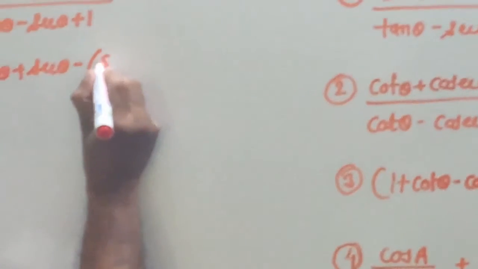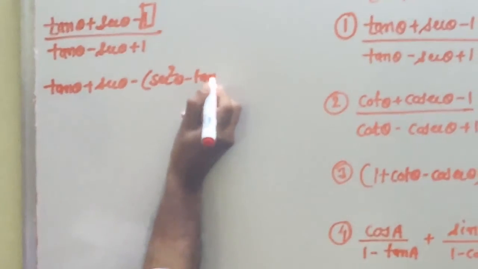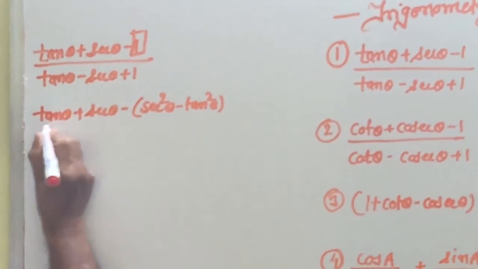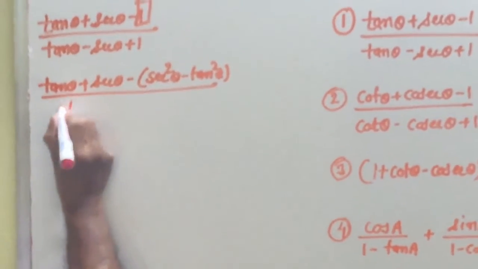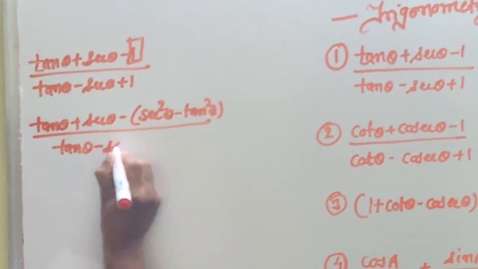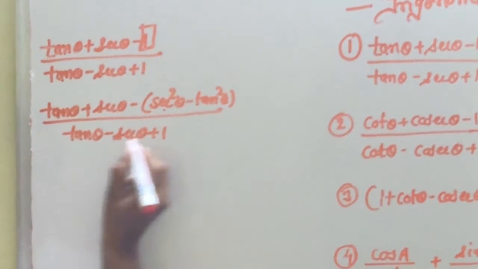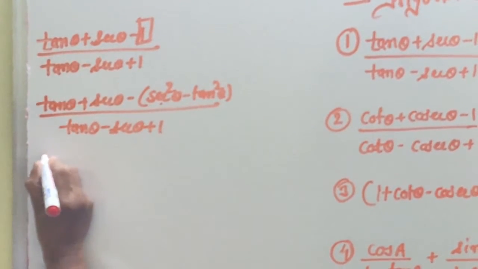Now this can be written as sec square theta minus tan square theta. You know this identity. Don't disturb the denominator, keep the denominator as it is. Now in this identity I can apply a square minus b square.